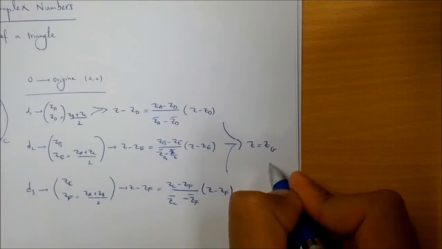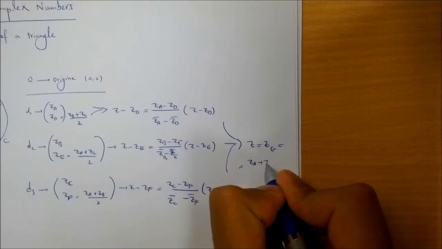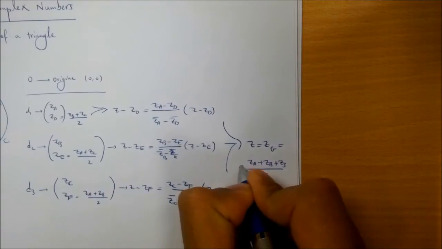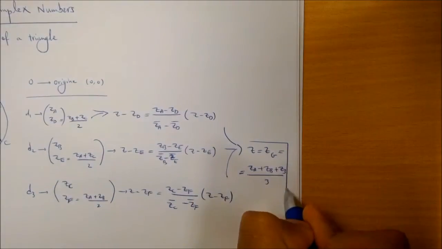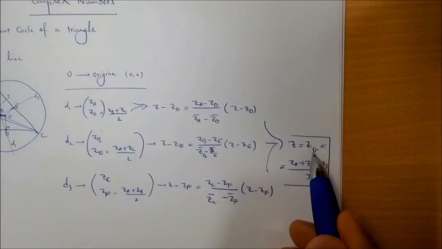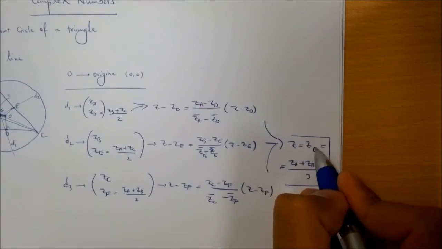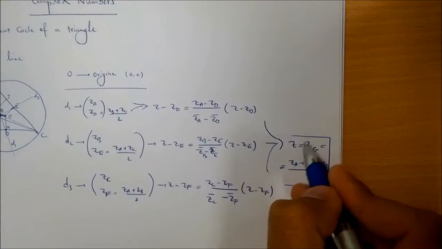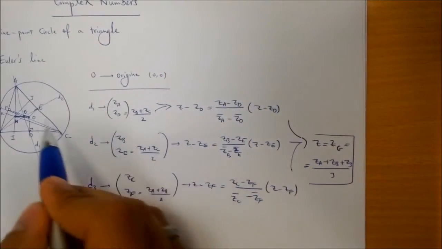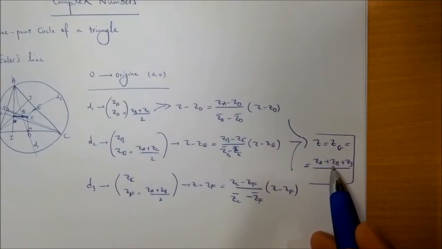So Z of G is equal to (Z of A plus Z of B plus Z of C) over 3. So we have obtained the formula which gives us the coordinates of the centroid of the triangle ABC in terms of the coordinates of the vertices of the triangle.